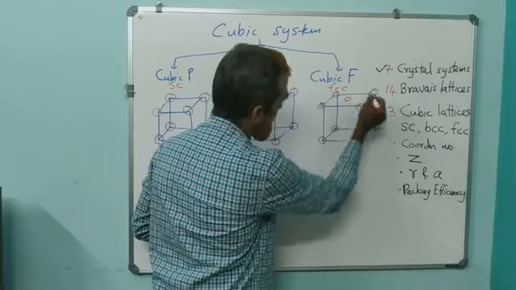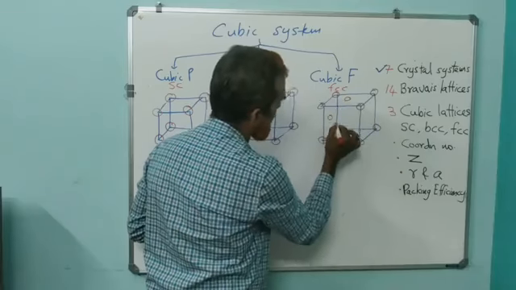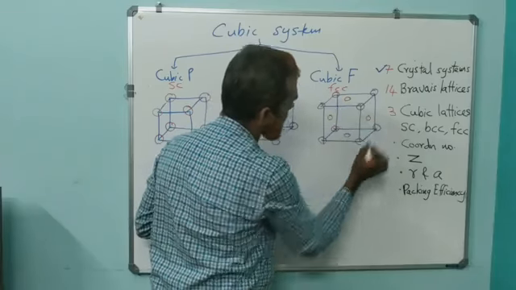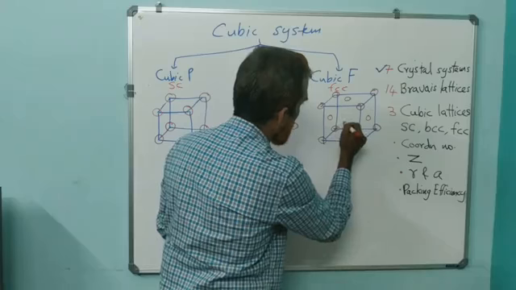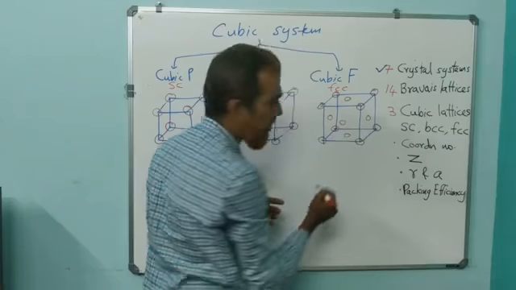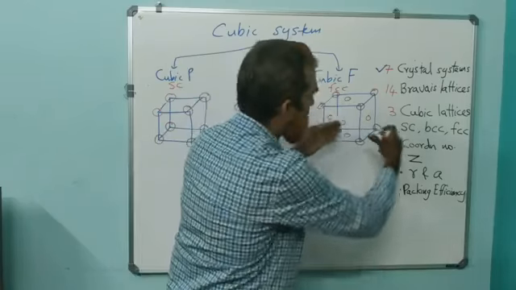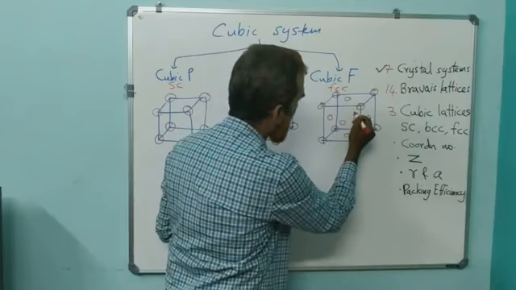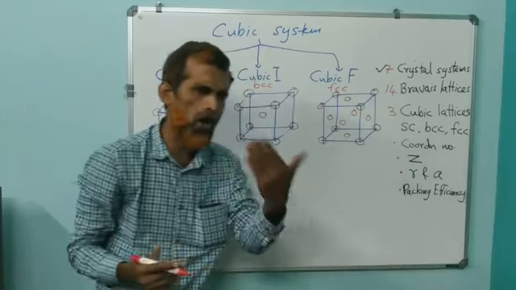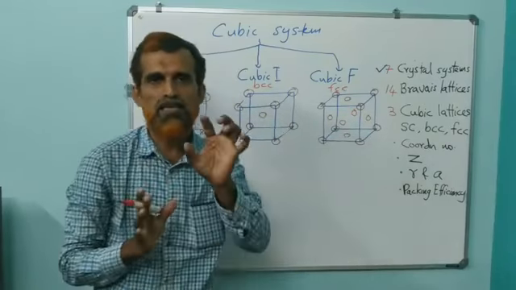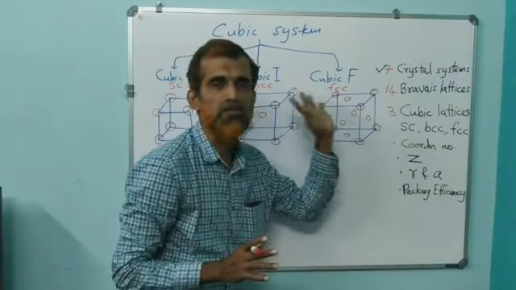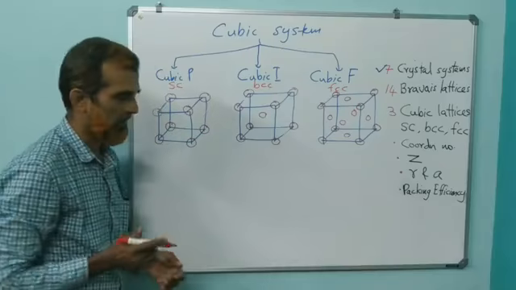So one is here. The surrounding faces, let us go first. Second face, third face, fourth face. Now one face is near to us. This one will be shown somewhere here near this corner. And the other is the back face or the rear face which will appear somewhere here. That depends on how you draw the cube. Anyway, particles should be shown at the center of each of the 6 faces. This is face-centered cubic.